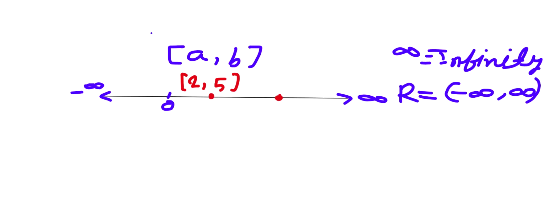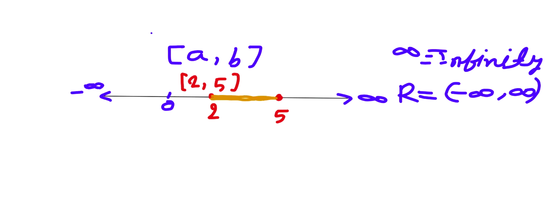It is 2, it is 5, meaning from 0, 2 centimeter and from 0, 5 centimeter. Got it? And then we shade it, we color it fully like this. This is called the closed interval representation.